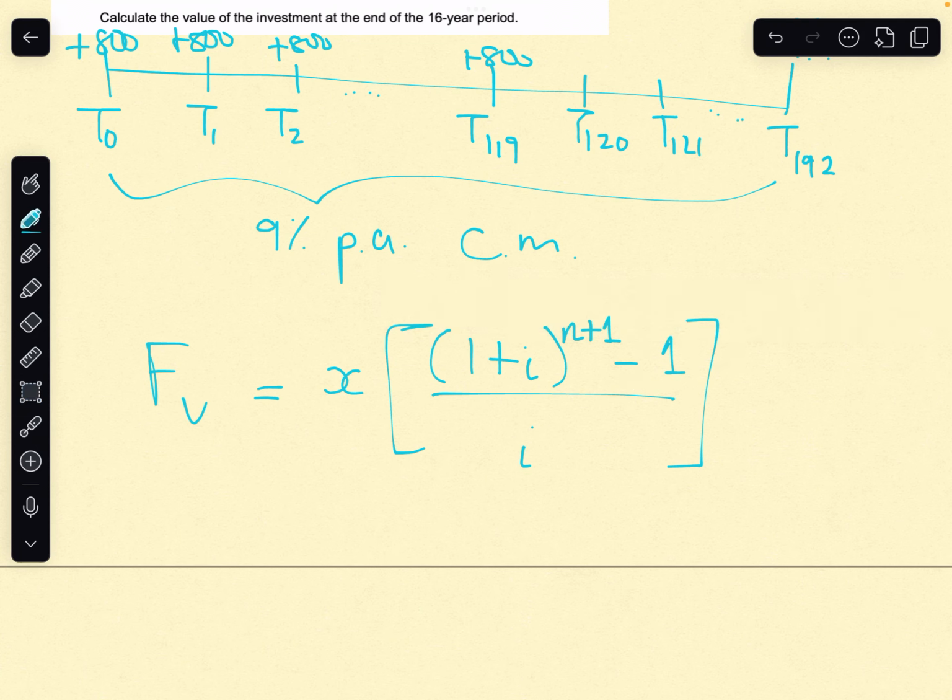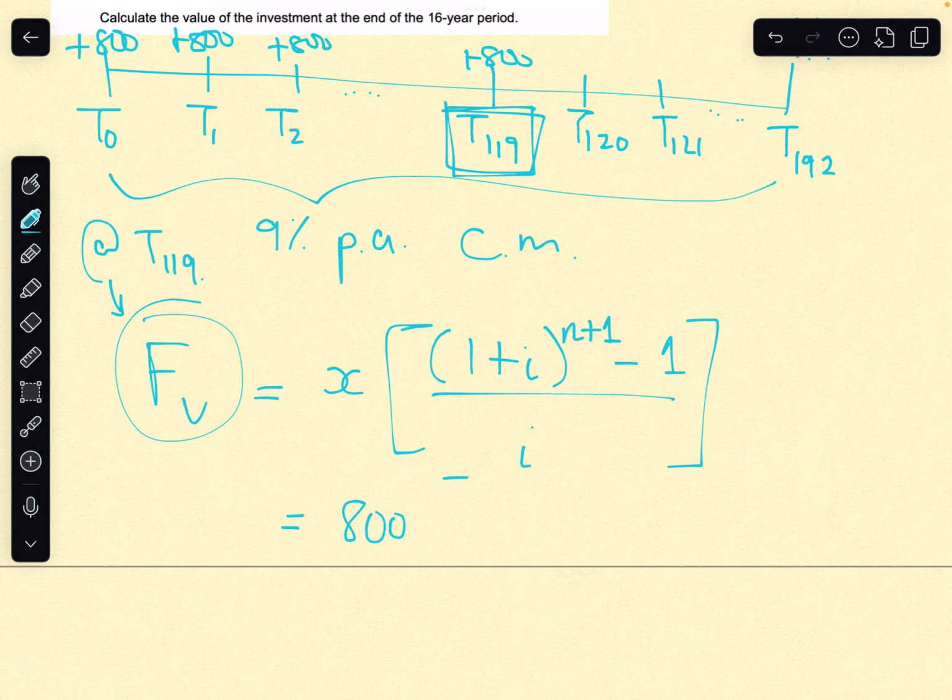Right, so in this case, we are specifically talking about the value of the investment over here, when she makes her last payment. So that would be at T119. Okay, so we put our values in.